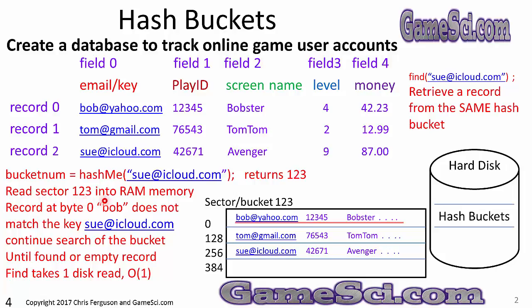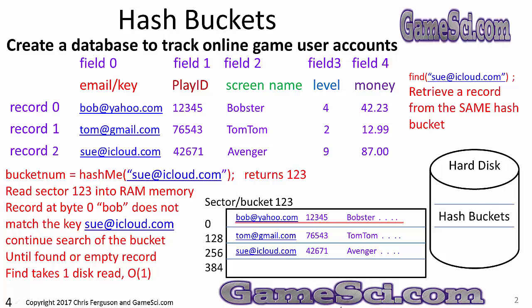So I read sector 123 into RAM memory. There's my sector in RAM memory, not on disk, but in RAM memory right now. The record at byte 0, Bob, does not match the key sue@icloud. So I'm going to continue the search of the bucket until found, or there's an empty record located. Find takes 1 disk read. It's an order of 1.